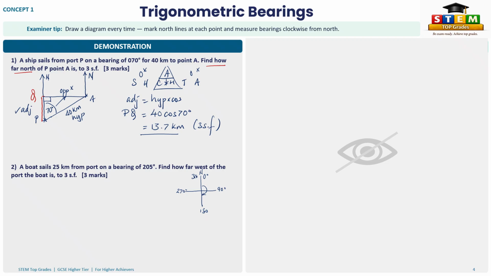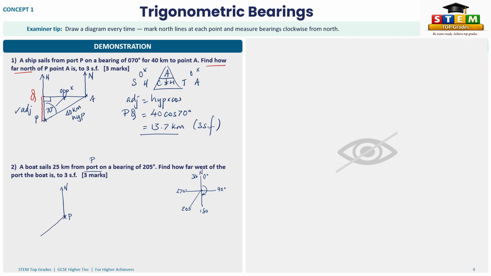That's a full circle on a bearing for any point. Now 205 will be somewhere in this area. So let's draw our north line, and let's call that point P.